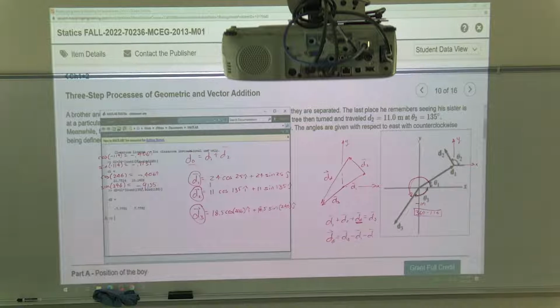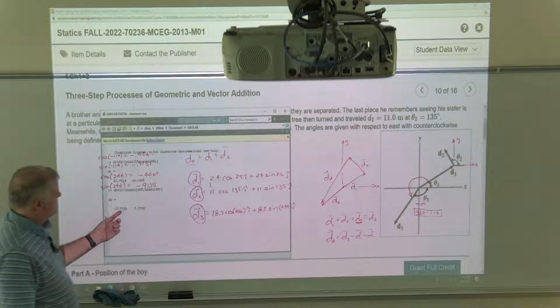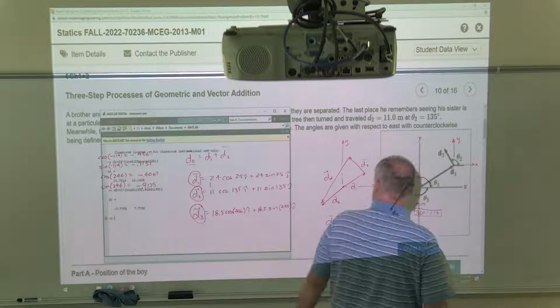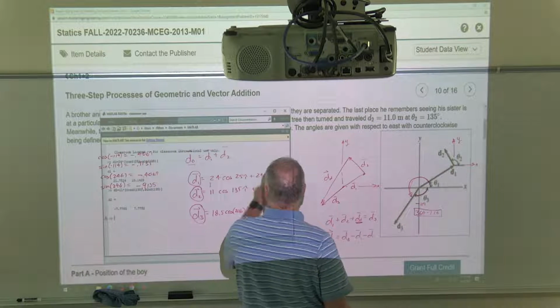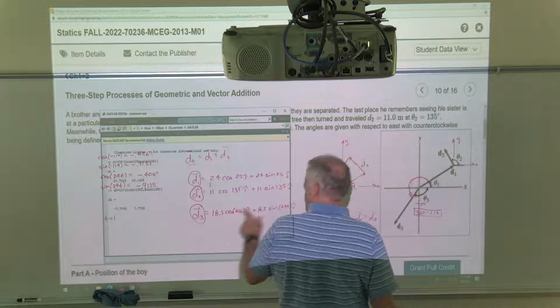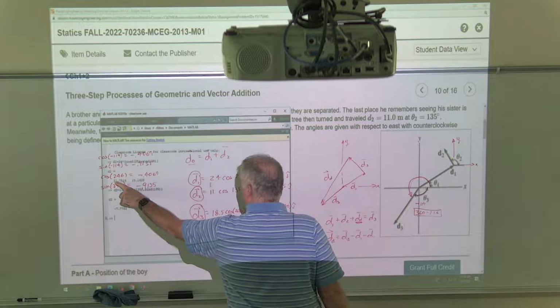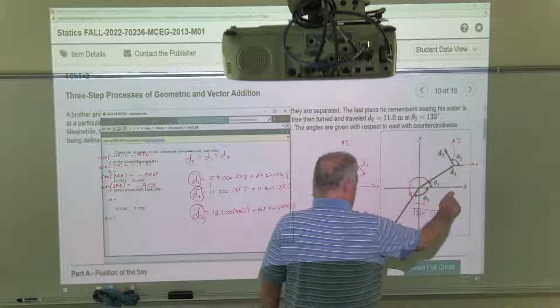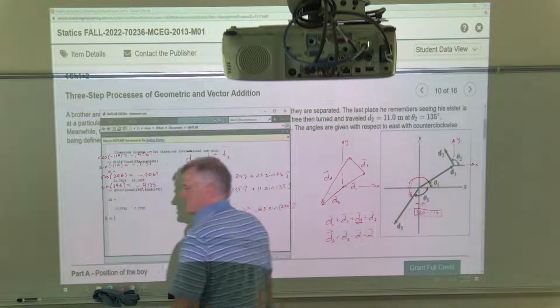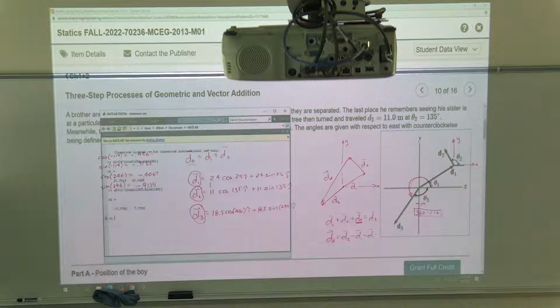So basically you move back 7 meters and up 7 meters, 45 degrees, because 135 minus 90 gives you 45, so that's why they're equal. The other one is you move to the right 21 meters and you move up 10 meters, roughly, plus some digits.